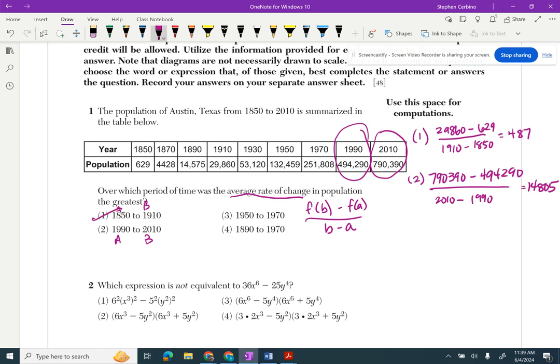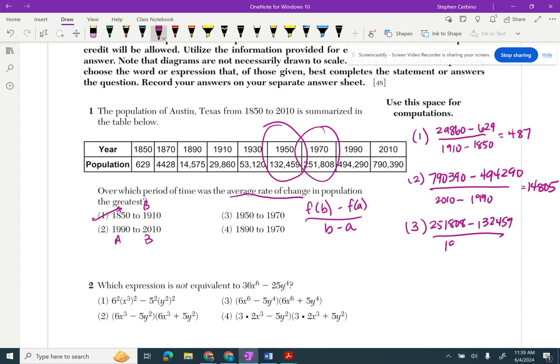But let's see. So if we look at choice 3, we're going to be comparing 1950 to 1970. That's definitely not going to be bigger than choice 2, but we'll do the math just to practice. 251,808 minus 132,459 divided by 1970 minus 1950.